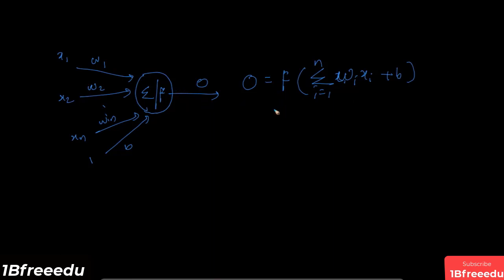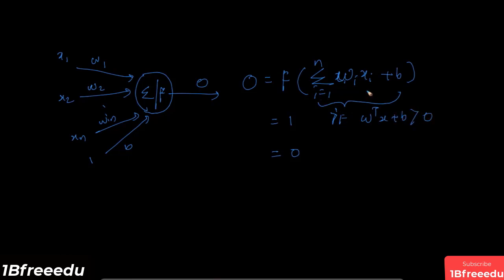In the case of a perceptron, this output is either 1 or 0. The output will be 1 when this term is greater than 0, that is, if w transpose x plus b is greater than 0.